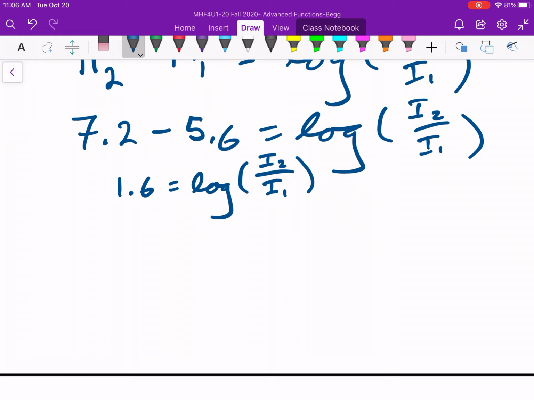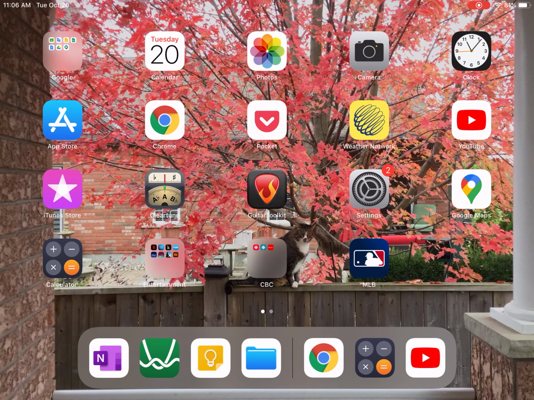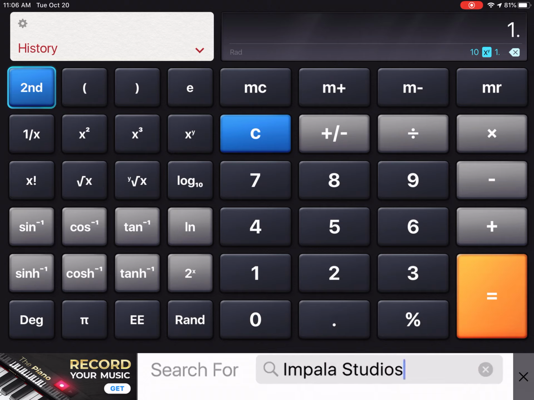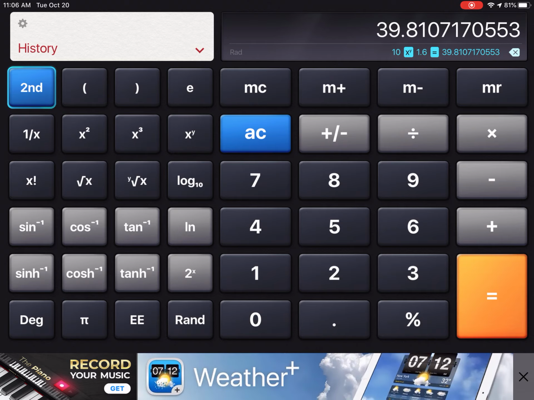If I do that, being a common log, I got the base 10 again. I put the exponent, which is 1.6, on it, and I've got I2 over I1, already nicely isolated. 10 to the 1.6 equals 39.8 times.